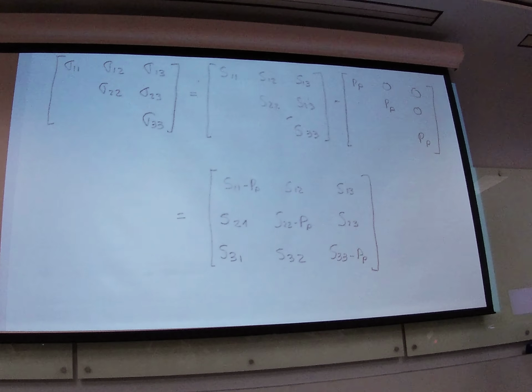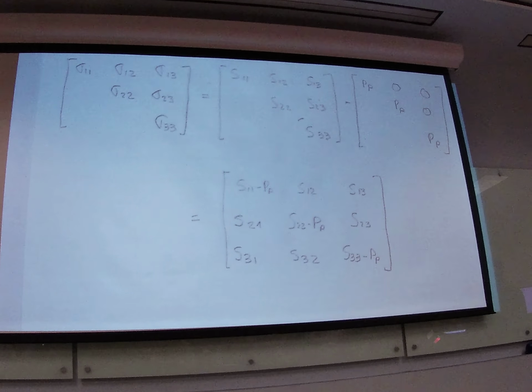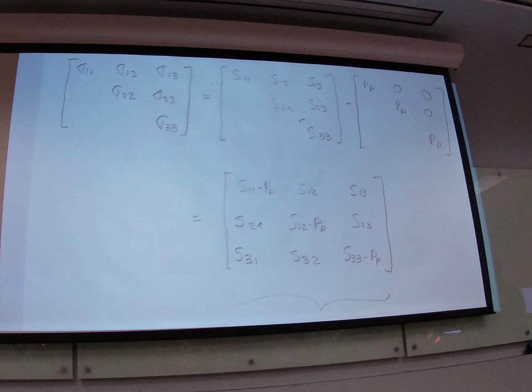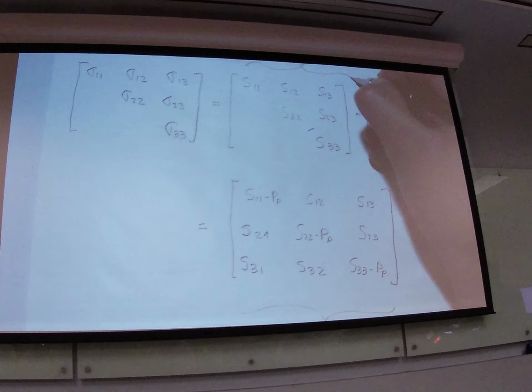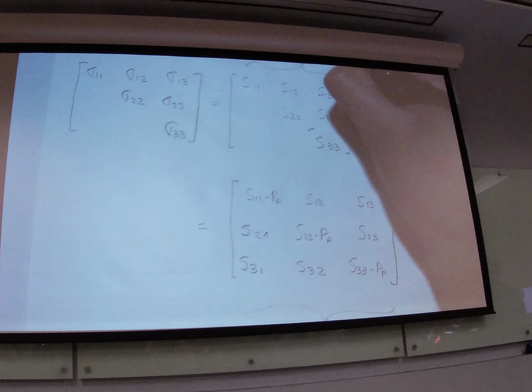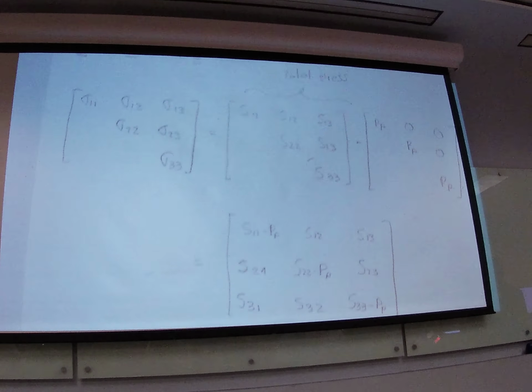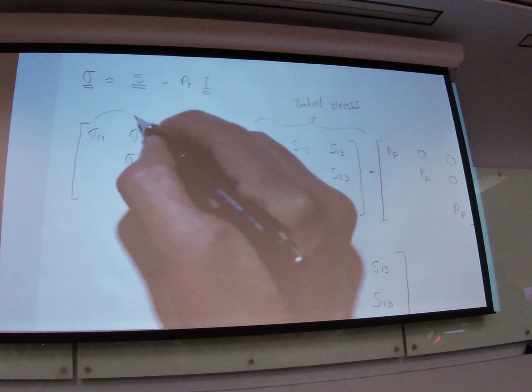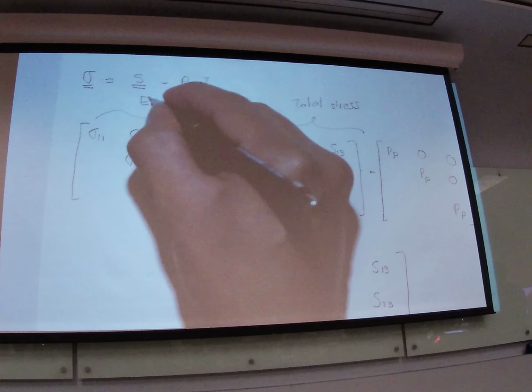So the sigma represents total stress, or is it the effective stress? Just to be clear. On the left-hand side, like the left-hand side matrix. So this one is total stress. Okay. This one is effective stress.